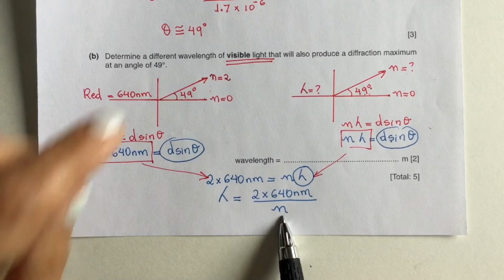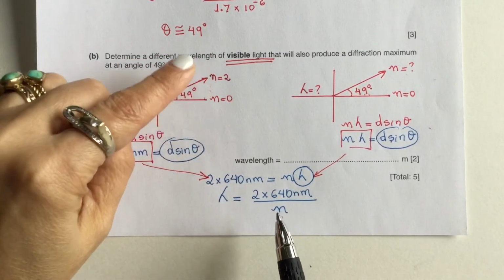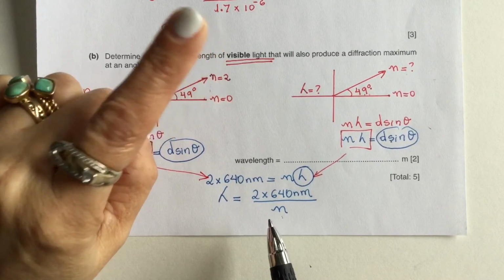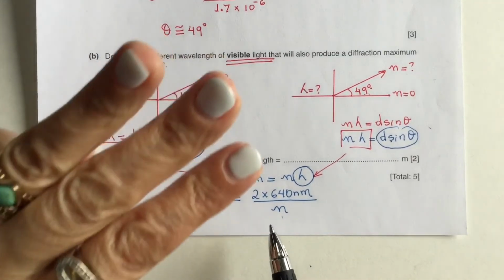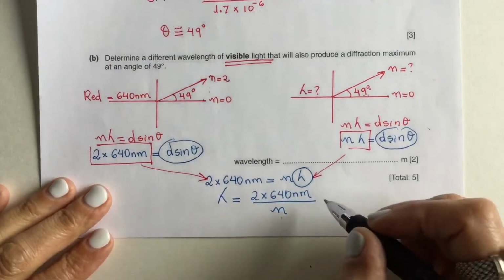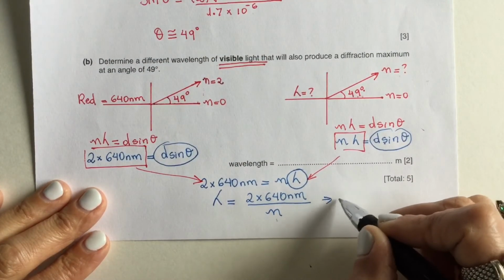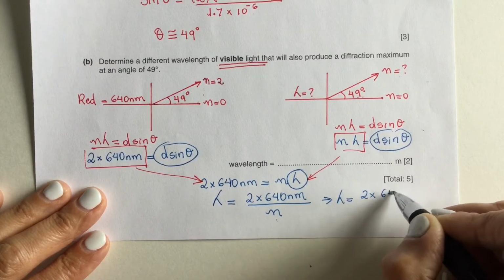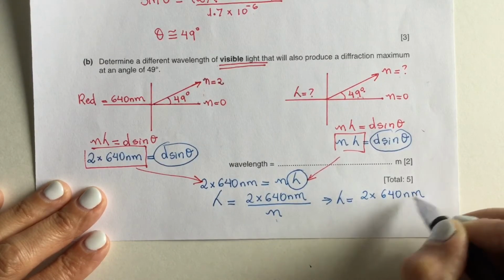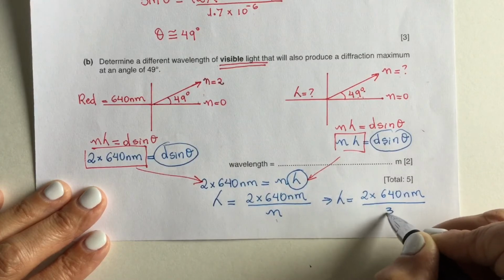Great, but I don't know what n is. Well, I know n in this case is not going to be 2 and must be a whole number. Let me try 3 and see what happens. So then I have here lambda is 2 times 640 nanometer over 3.